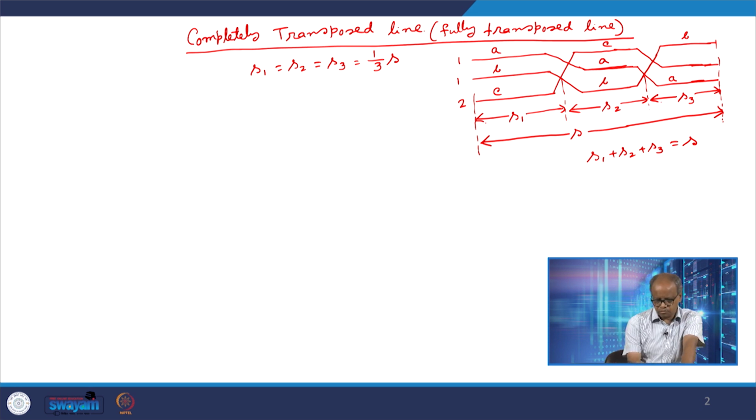Now to do that, we have already derived that for a transmission line we have this equation that we have. So we are just simply writing this.